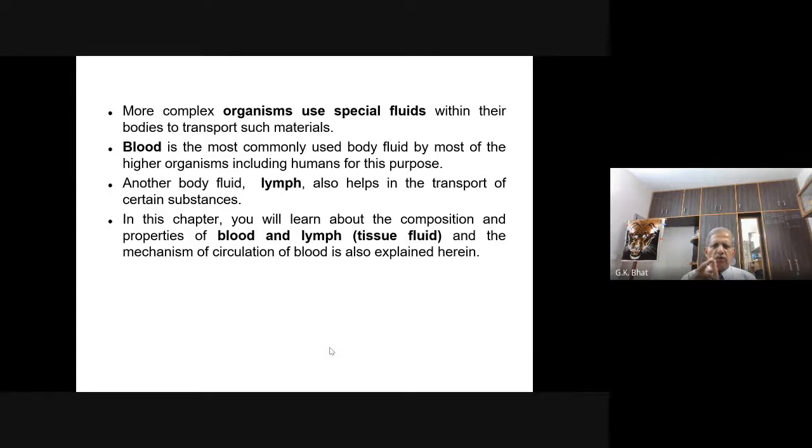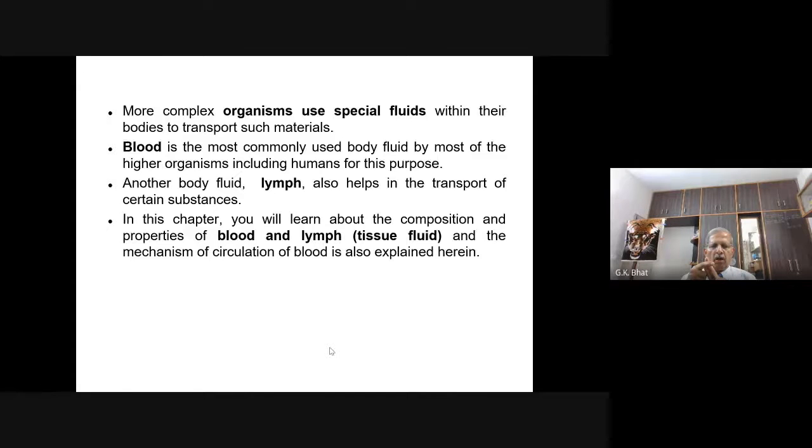Blood is the most commonly used body fluid by most of the higher organisms, including we human beings. And another body fluid is the lymph. Lymph also helps in the transport of certain substances, especially the fatty acids and glycerol.